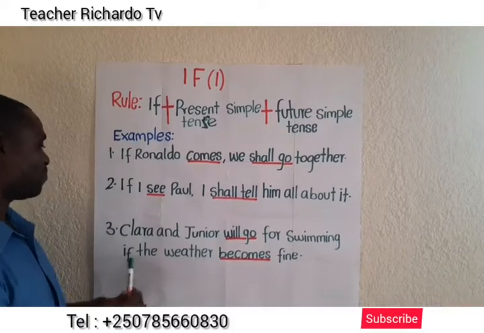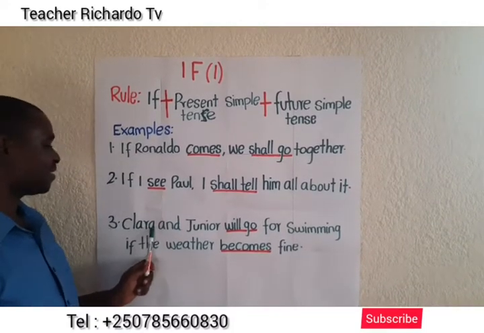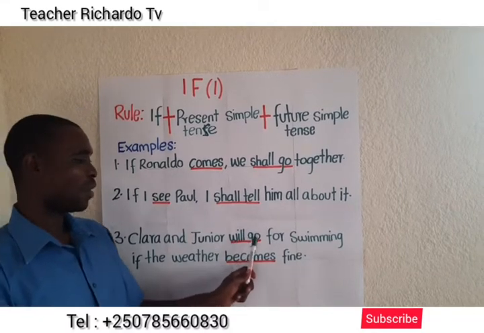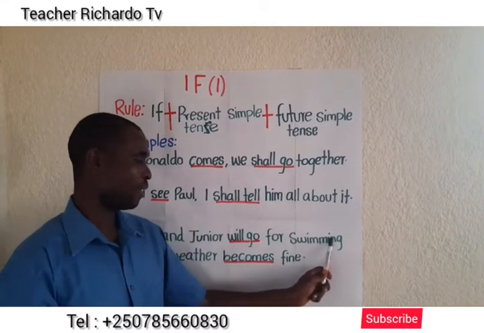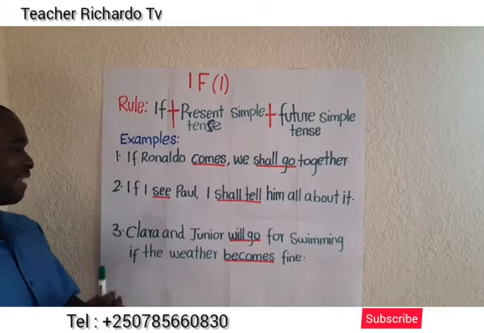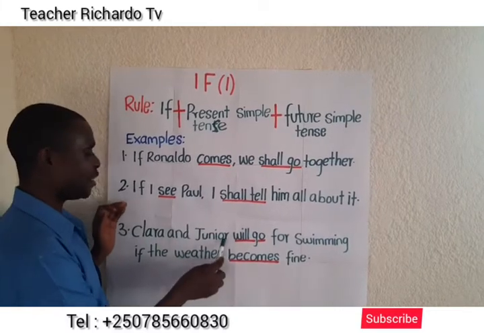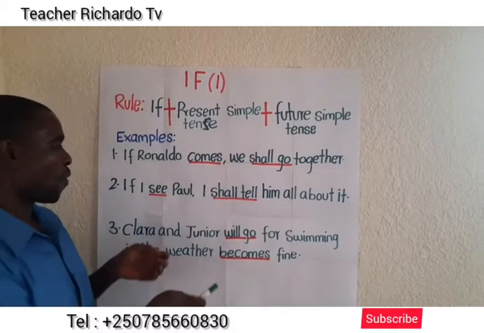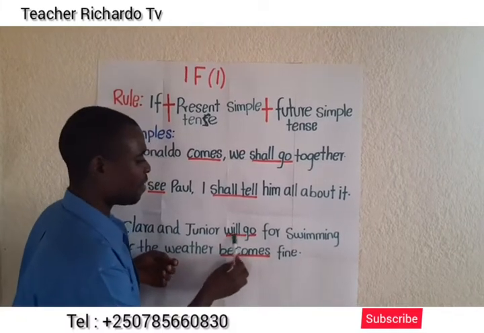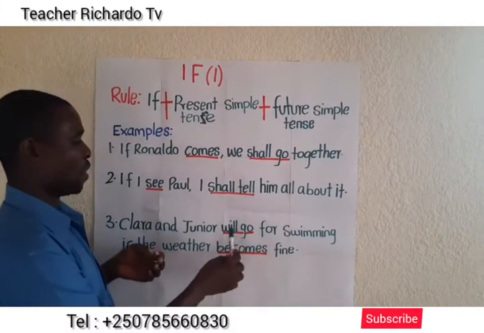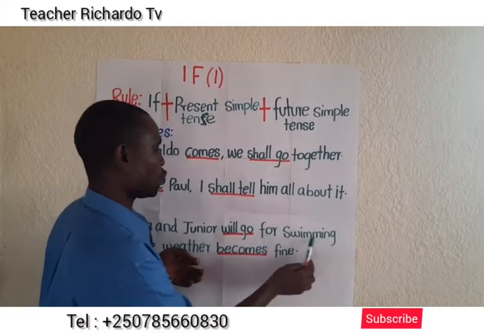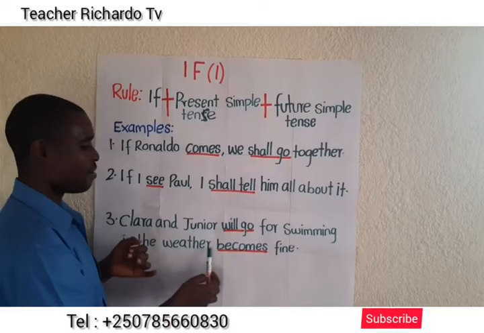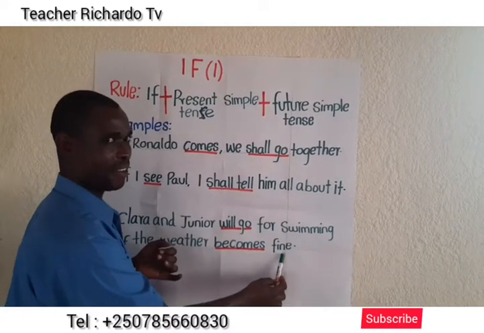Example 3. Clark and Junior will go for swimming if the weather becomes fine. Clark and Junior are two people. Will go is future simple tense.